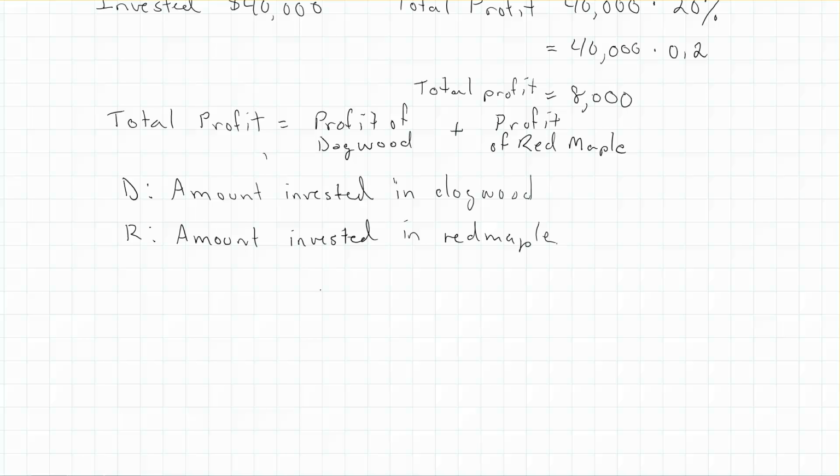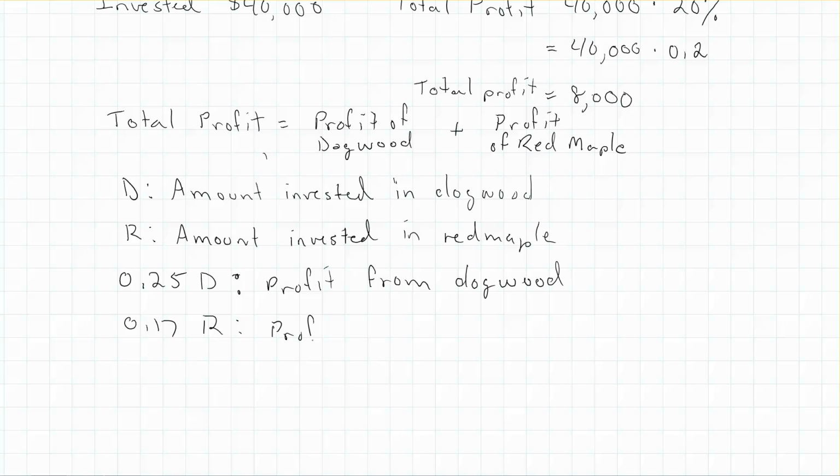Now what we're going to do is compute the profit. So really what I should write here is 0.25 times D is the profit from dogwood, and 0.17 times R is the profit from red maple.